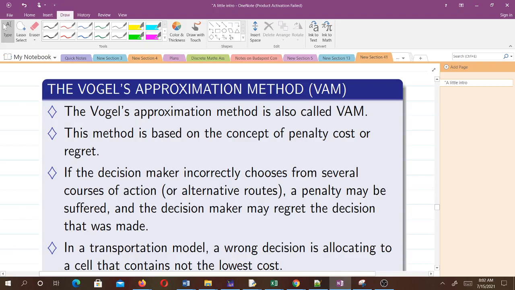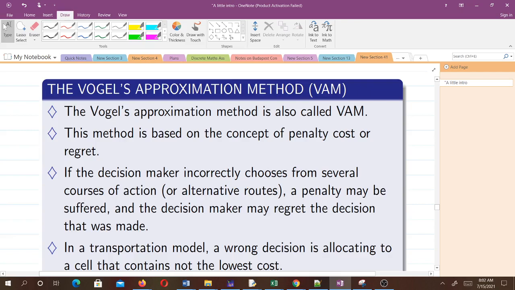So Vogel's approximation method is also called VAM. This method is based on the concept of penalty cost or regret. If the decision maker incorrectly chooses from several courses of action or alternative routes, a penalty may be suffered, and that decision maker may regret the decision that was made.